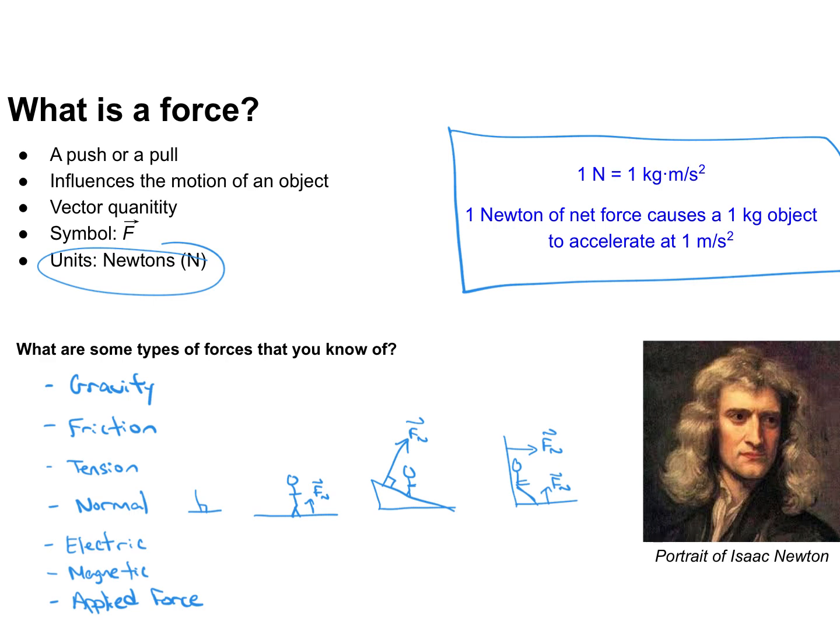Well, 1 newton is capable of causing a 1 kilogram object to accelerate at 1 meter per second squared. Okay, so that may or may not be helpful as a visual, but 1 newton is capable of causing a 1 kilogram object to accelerate at 1 meter per second squared.